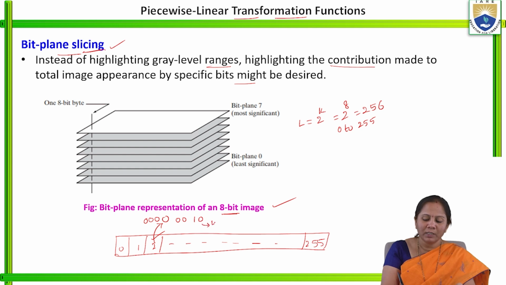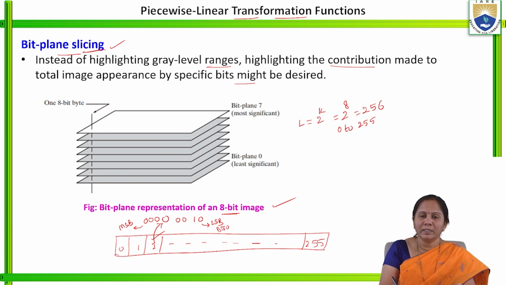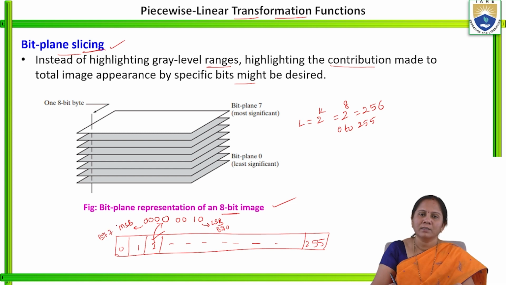This bit is called LSB and this bit is called MSB. Okay. So this represents bit plane 0 and this represents bit plane 7. So all these bits will be represented in each of these bit planes.